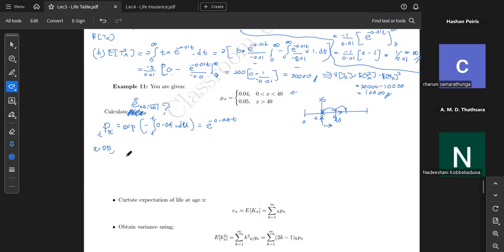That means from 0 to 15 and from 15 onwards, we can use two different mu's and write down the probability of a person who is at age 25 surviving for t years as the probability of a person at age 25 surviving for 15 years, and a person who has survived 40 years. So now the age is 40.